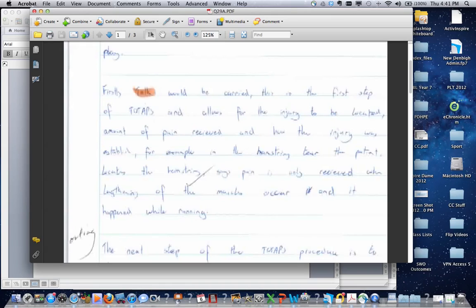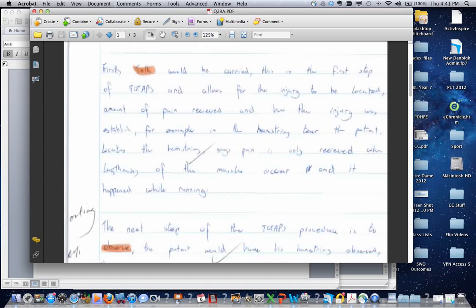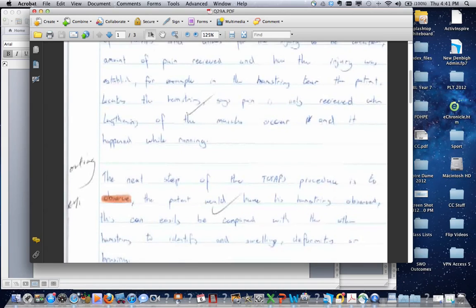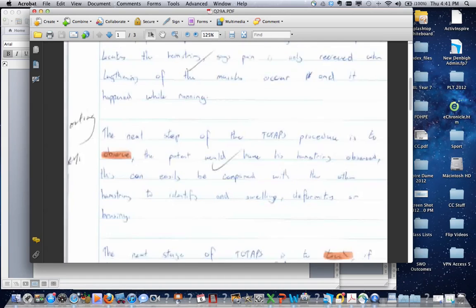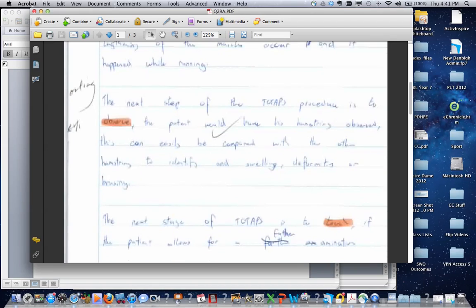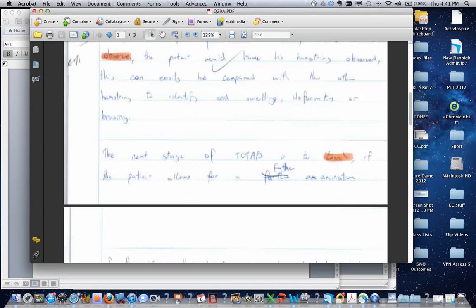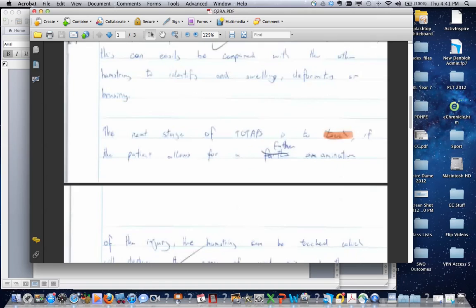First point is the talk and the injury in terms of what the questions have been asked. There's reference to observe, why we would do the observation, how we would do the observation for the injured hamstring.